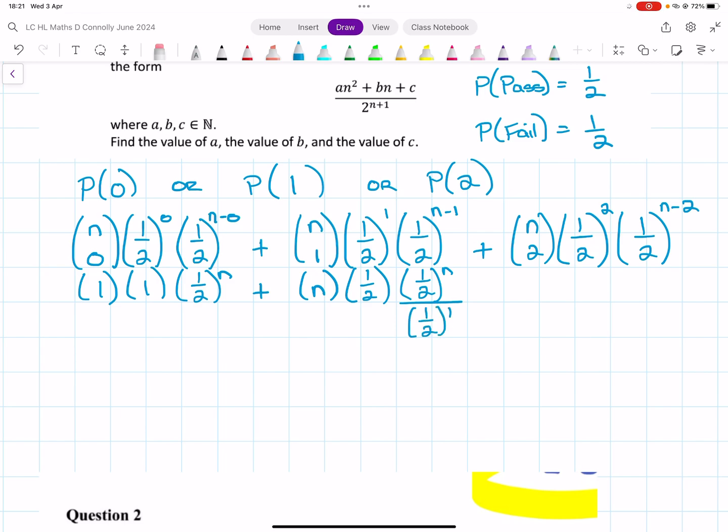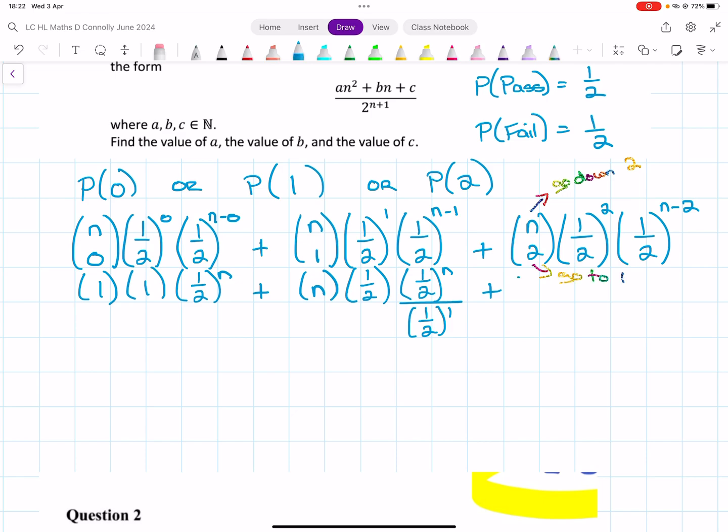Something like that. Now, n choose 2. I think I might have to do the choose notation here. So you start with this one and go down 2, and then you start with this one and go to 1.